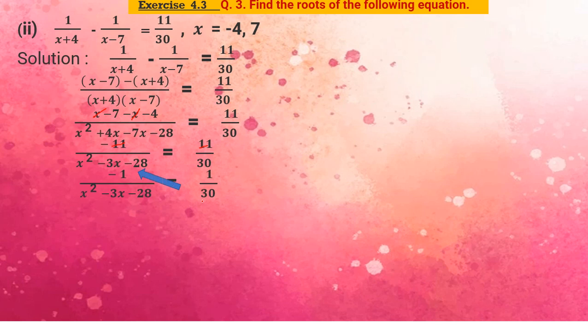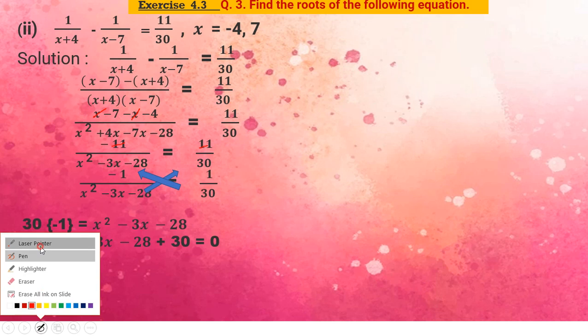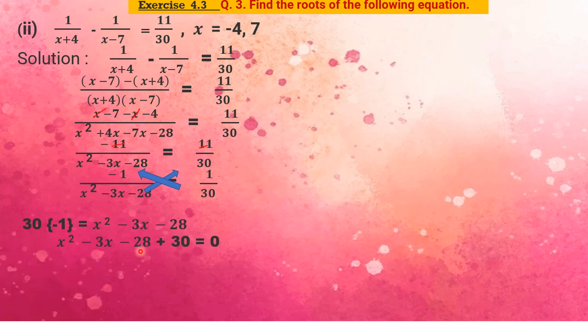Now by cross multiplication, we get minus 30 is equal to x square minus 3x minus 28. So minus 30 will transpose to the right hand side. We get x square minus 3x minus 28 plus 30 is equal to 0. Then 30 and minus 28 gives 2. So x square minus 3x plus 2 is equal to 0.